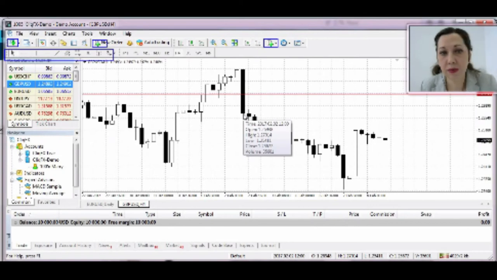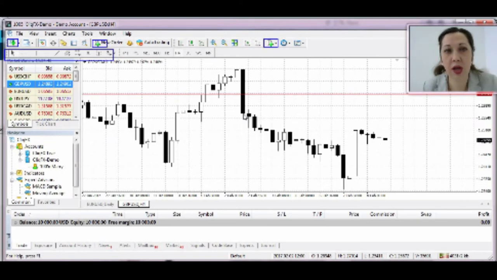We see time, we see open. Open means when this candle opened. I told you that there are different time frames, and candles can be so different, timing is needed for forming a candle. So this window disappears.